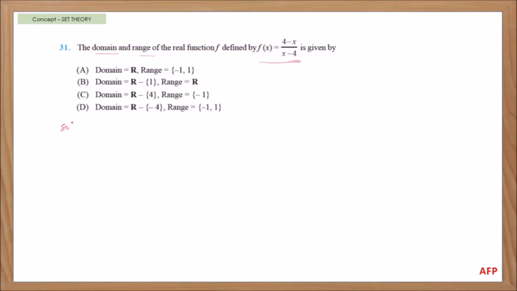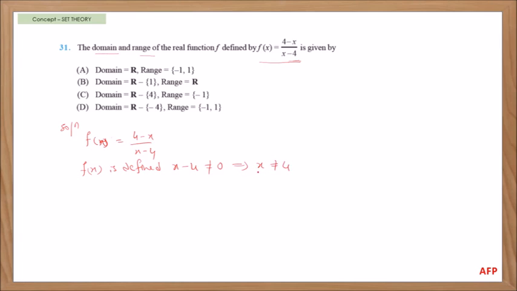So the solution: f of x is equal to (4 minus x) divided by (x minus 4). The function f of x is defined when x minus 4 is not equal to 0. This indicates x is not equal to 4.